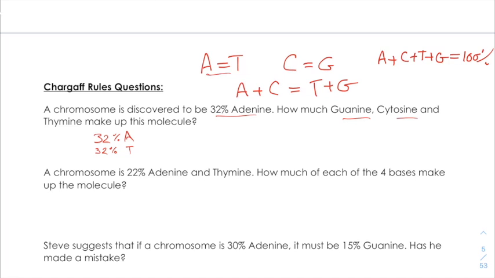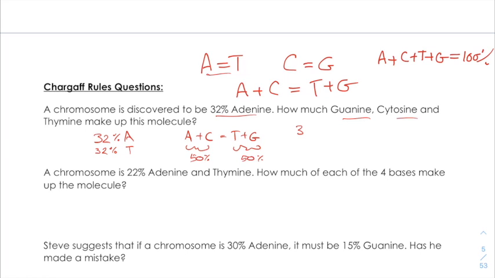Now, you know that adenine plus cytosine has to be equal to thymine plus guanine. And so you can predict that this has to be essentially 50%, right? Because they both add together to form 100%.